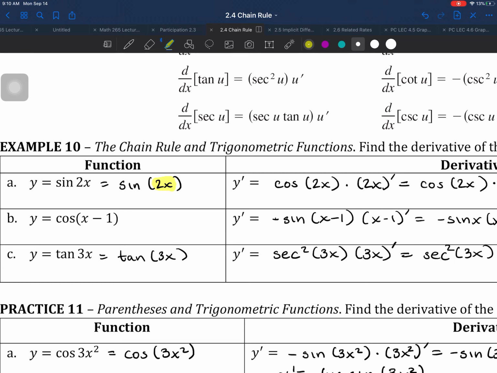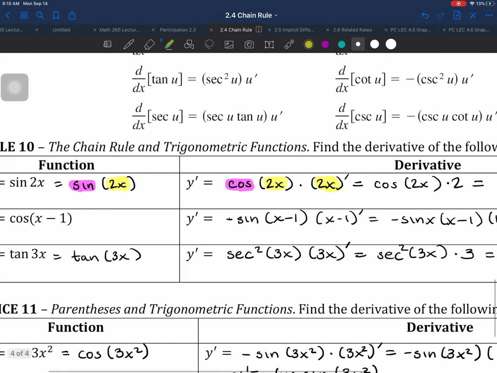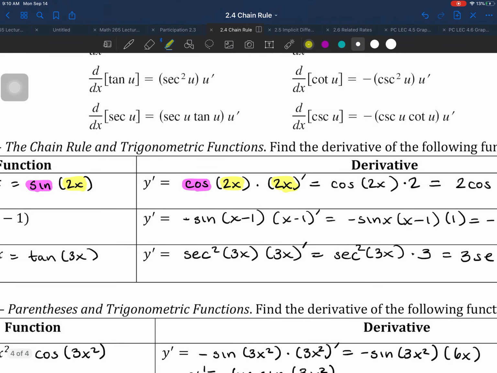First take the derivative of the outside. The derivative of the outside is cosine, and what do we do with the inside? Leave it the same. But then come back and finally multiply by the derivative of the inside. Do you guys see that? I like doing this because it helps me set up the problem.